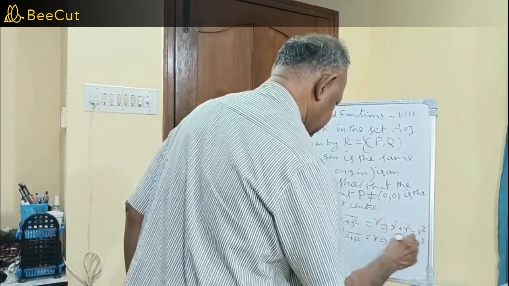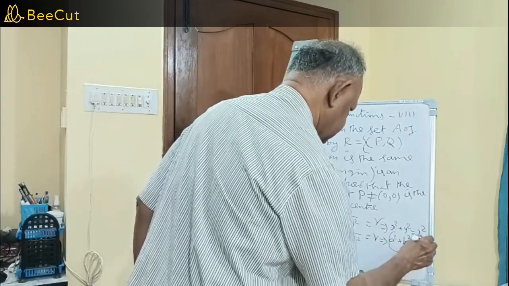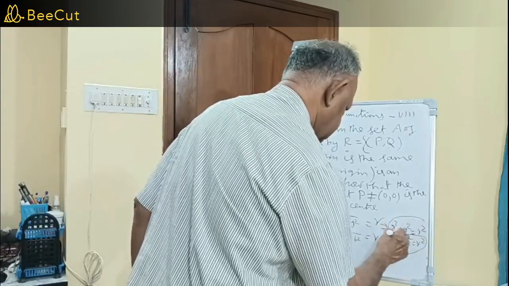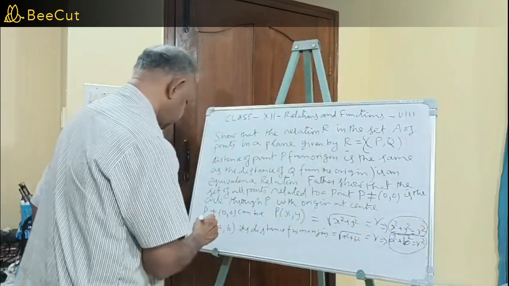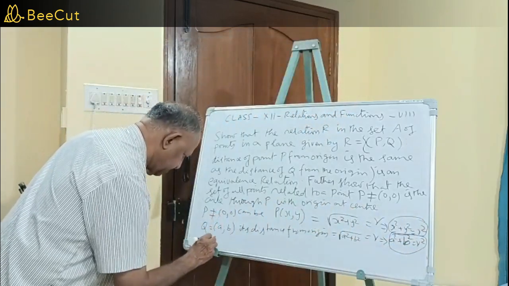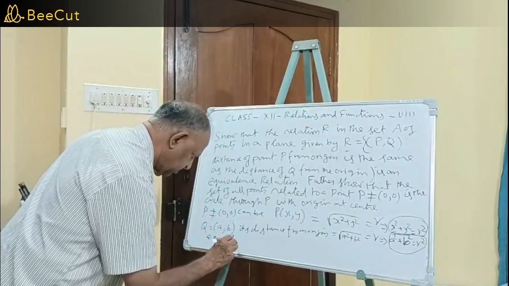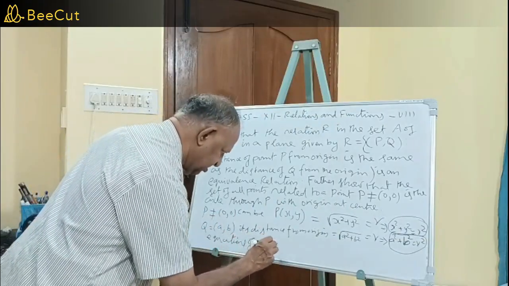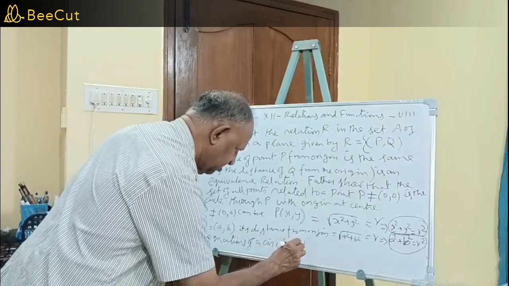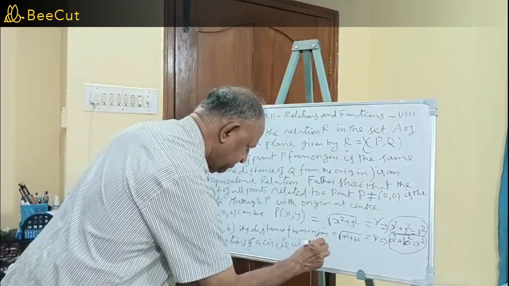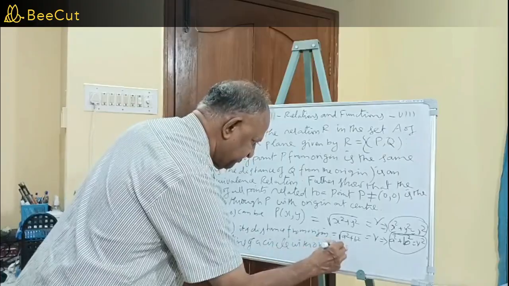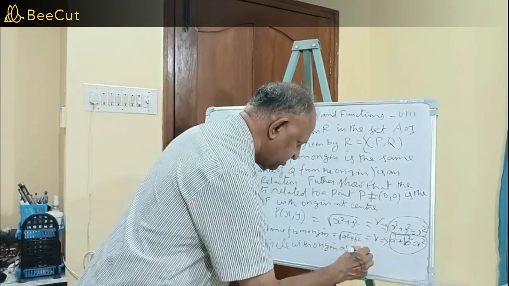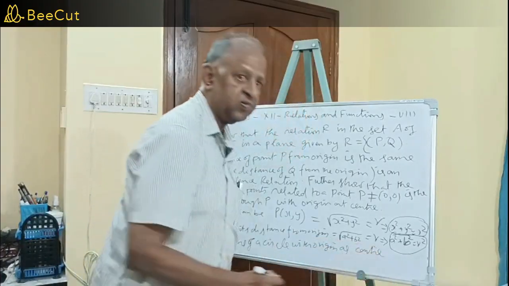You see, these two are equations of a circle with origin as center. Hence it is proved.